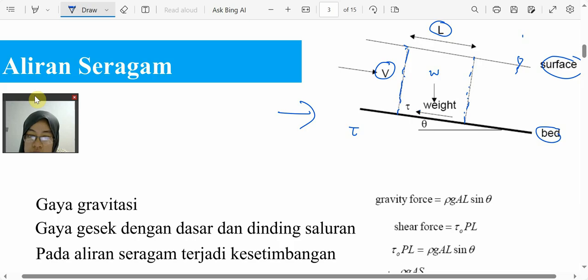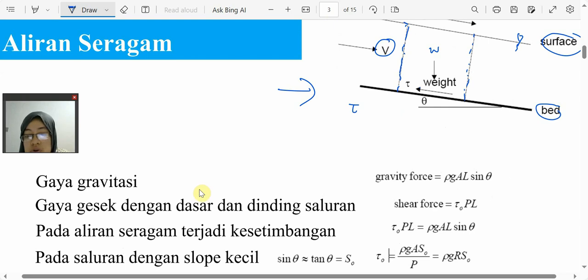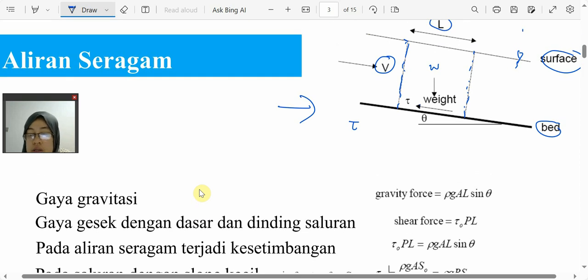So first of all, when we look at the gravitational force, the gravity force in this water is actually equal to the weight of the water.